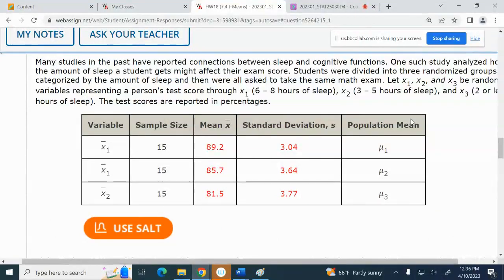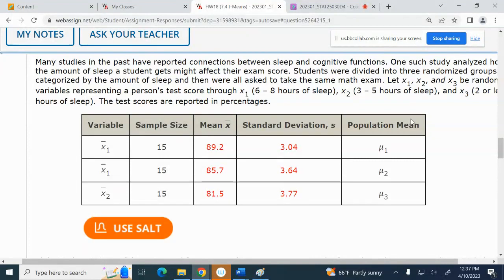Exam scores, okay? And students are divided into 3 random groups by the amount of sleep, then asked to take the same math exam. Have enough sleep, right? Because those who slept 2 hours less, the average is only 81.5%.